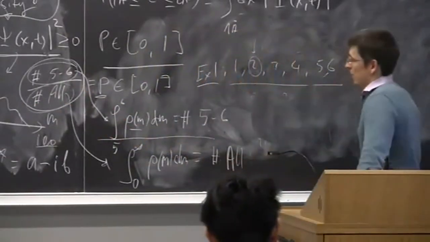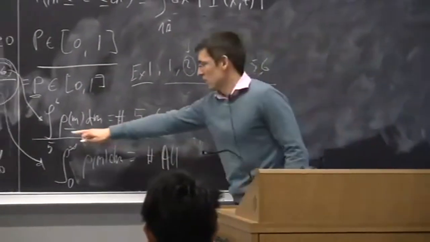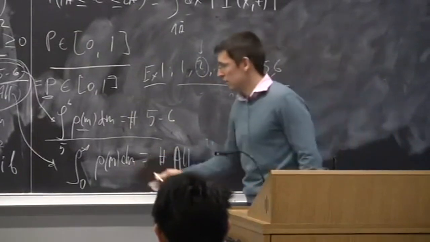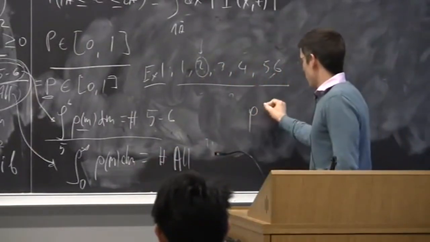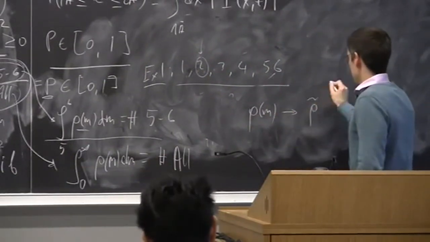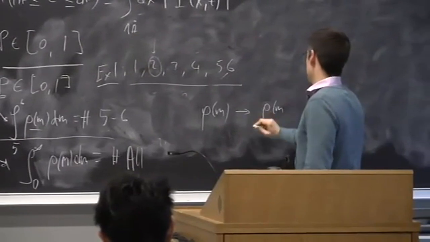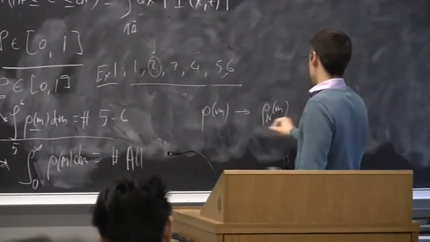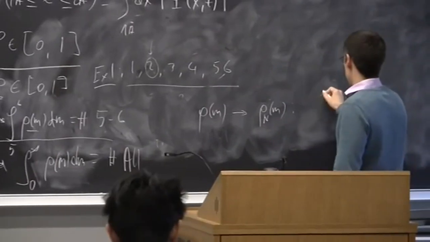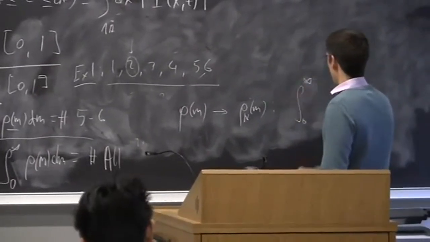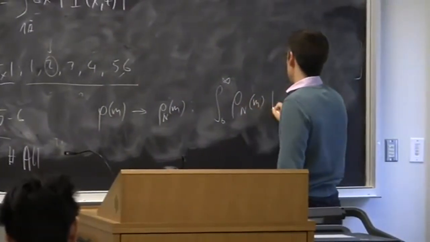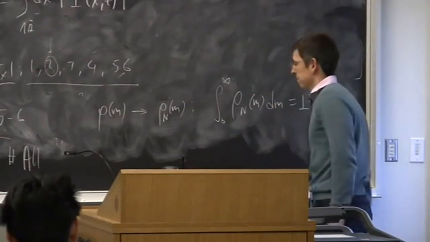But if we're talking about the probability density, we can do a so-called normalization procedure. Instead of operating with rho of m, we can operate with a function, I'll put a tilde on it, with subscript n. That function is defined so that the integral over the whole range of this normalized probability density is 1.